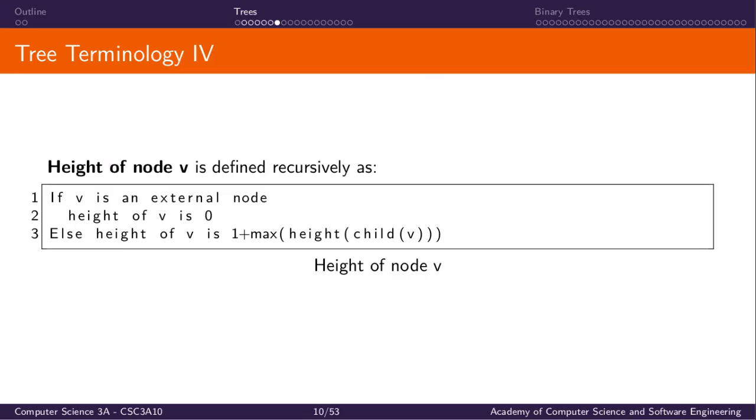Here's the definition of height. Right, it's defined recursively, but it's 1 plus the maximum height of any child of V, not the sum of the heights of the children of V. Okay, so that's an important issue. Once we agree on what it is, we have to follow that. Great.